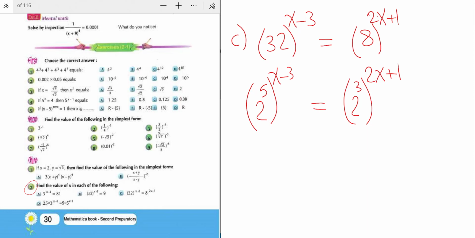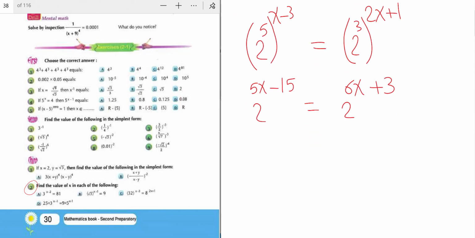After that we will multiply the powers. So 5 times x equals 5x, 5 times 3 negative 15, equals 2 power 3 times 2x equals 6x, 3 times 1 equals 3.